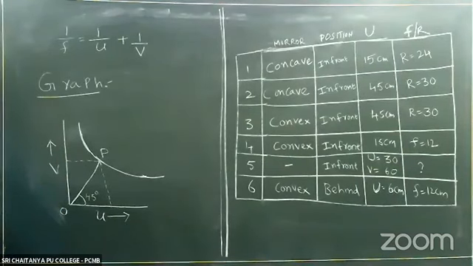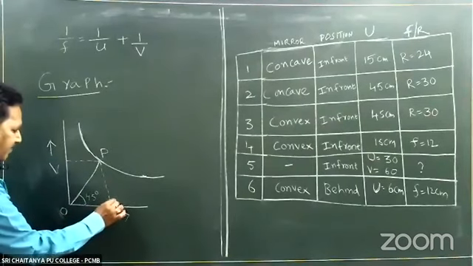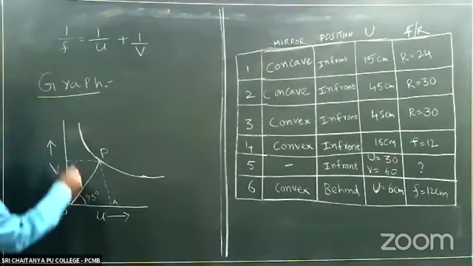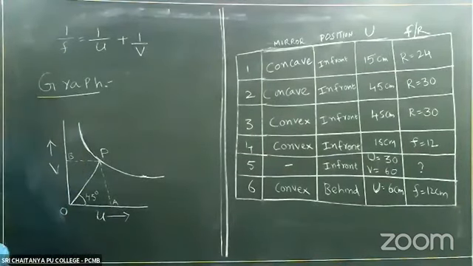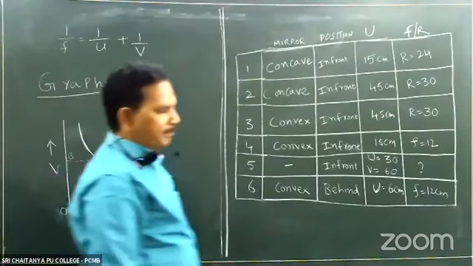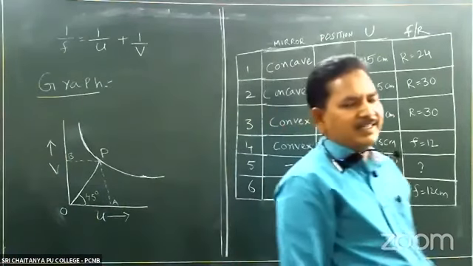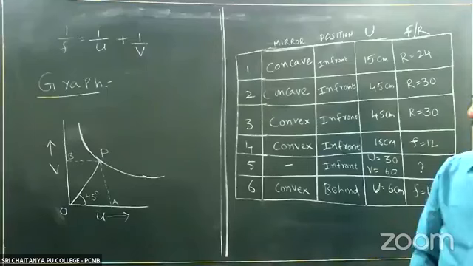Drop the perpendicular lines from the point P onto the x-axis. Let us consider this point as A. Drop a perpendicular line onto the y-axis from the point P. Let us consider that point is B.